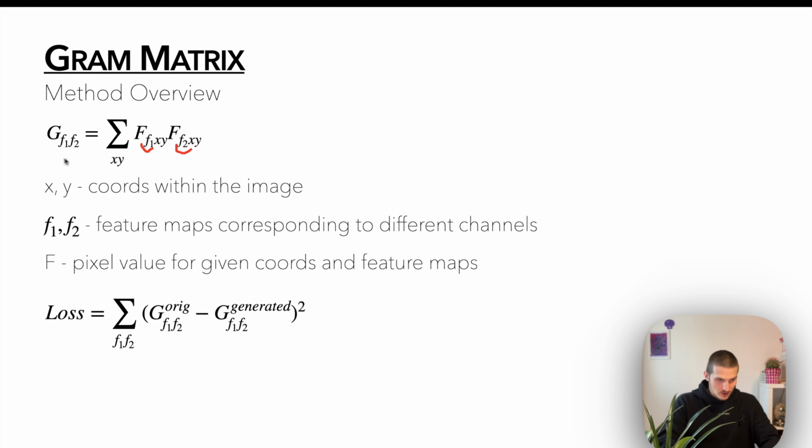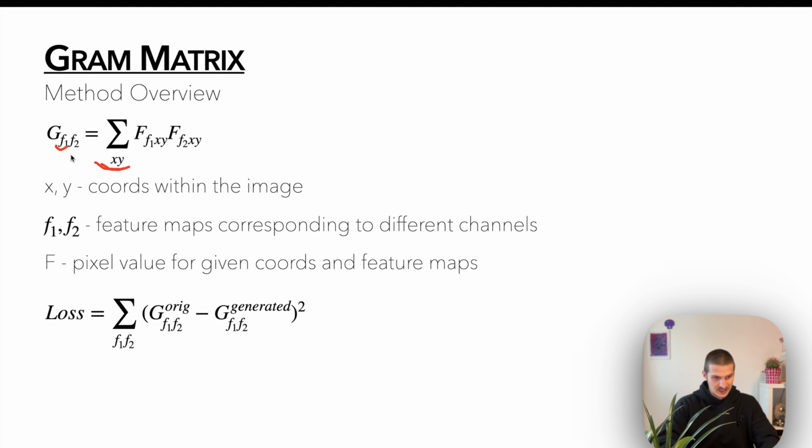And so the gram matrix, each element in the matrix, will represent some sort of correlation between these two feature maps. Without even reading the formula, you can see that we started with something that contains x and y coordinates, so the actual image, right? But after summation, all of that is gone.